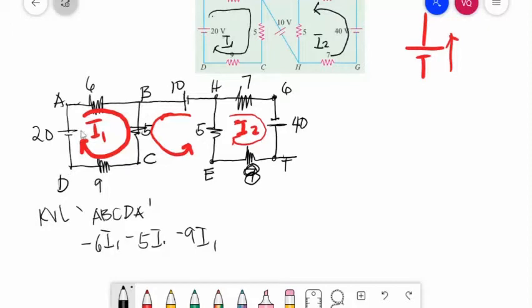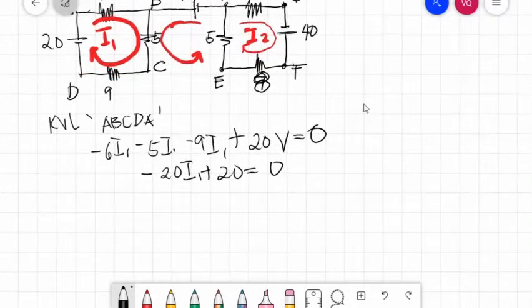And the current is entering the negative side of the source, so plus 20 volts. So you have negative 20I1 plus 20 volts is equal to 0. Don't forget, this is equal to 0. Solving for I1, you will get 1 ampere.